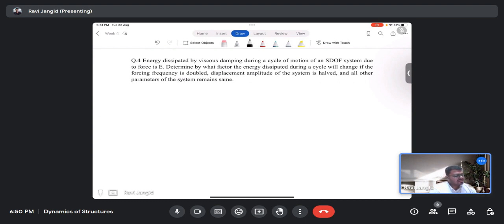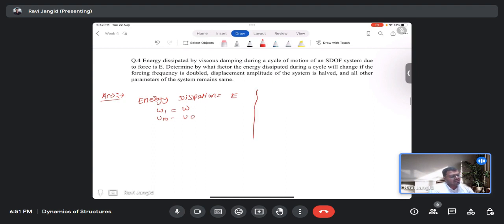So this is a simple question. The energy dissipated by a viscous damping during a cycle of motion of an SDOF system due to a force is E. Determine by what factor the energy dissipation during a cycle will change if my forcing frequency omega 1 is omega in the first case and my displacement amplitude u1 naught is u naught.